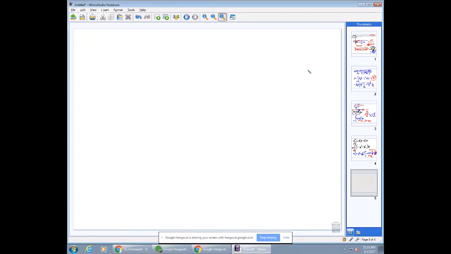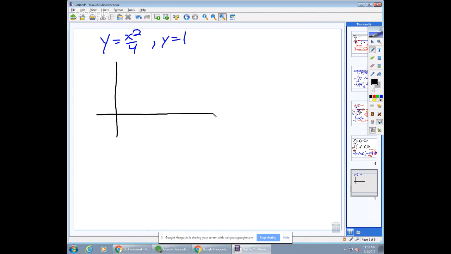So our function is still y equals x squared over 4, bounded at the top by y equals 1. There we go. So top boundary, and oh, did I just?